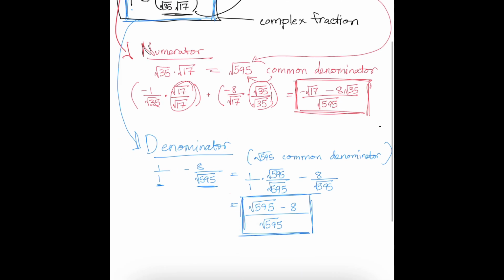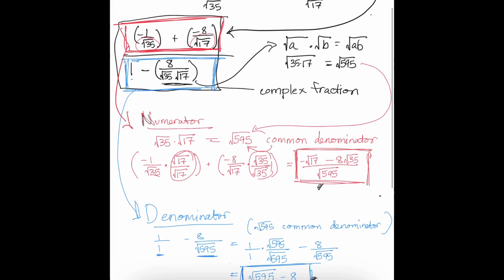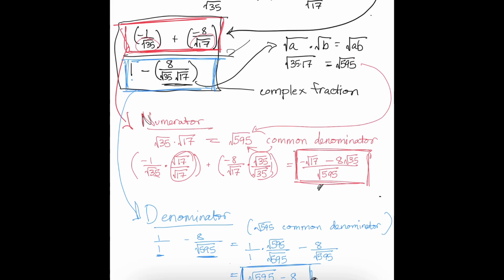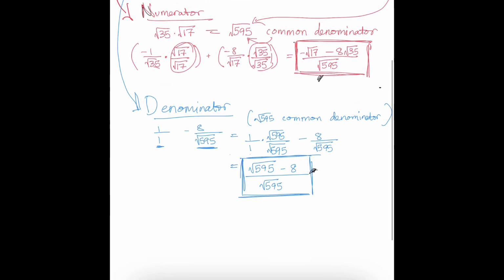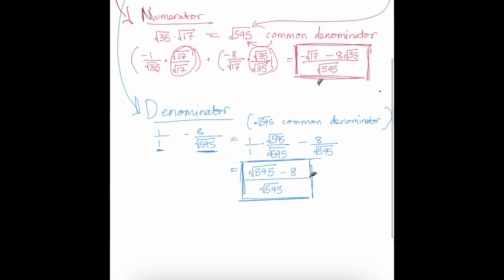So now we have this, and we can plug them back into our complex fraction here, and then see if anything jumps out at us. So let's go ahead and do that. So back to the original fraction using our simplified numerator and denominator.